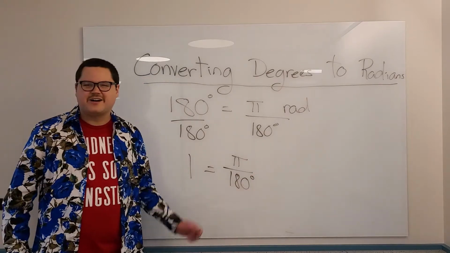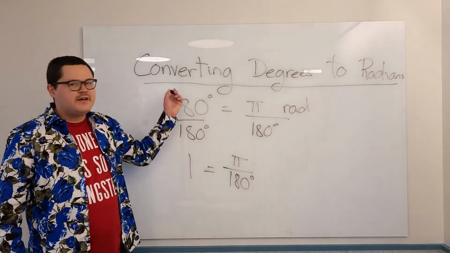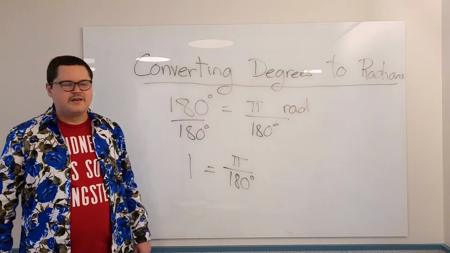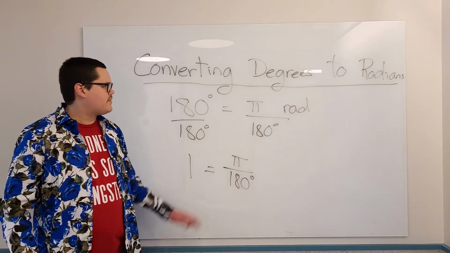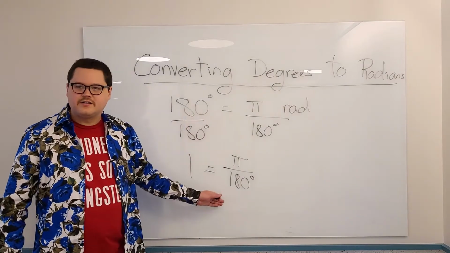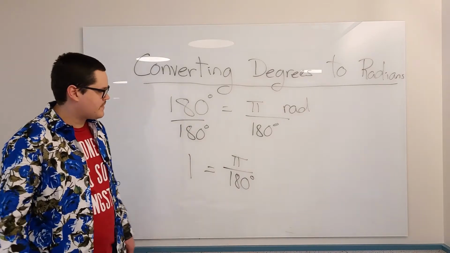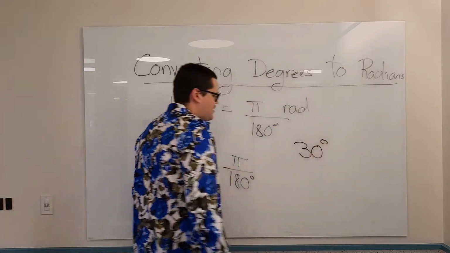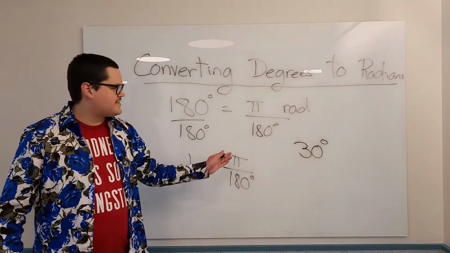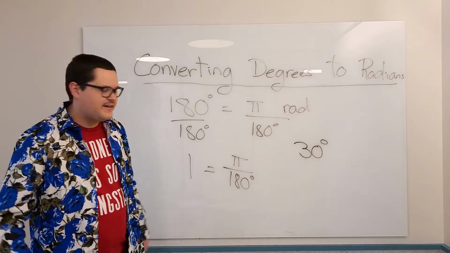Okay, but how does this help us convert degrees to radians? Well, let's say we wanted to convert 30 degrees to some number of radians. Anything is itself times 1, right?